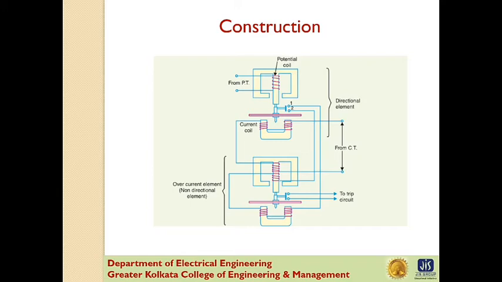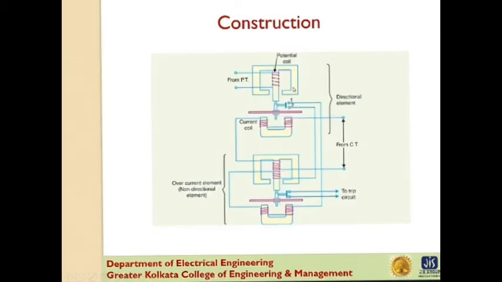The potential coil of this element is connected through a potential transformer PT to the system voltage. The current coil of the element is energized through a CT by the circuit current. This winding is carried over the upper magnet of the non-directional element. The trip contacts 1 and 2 of the directional element are connected in series with the secondary of the non-directional element.